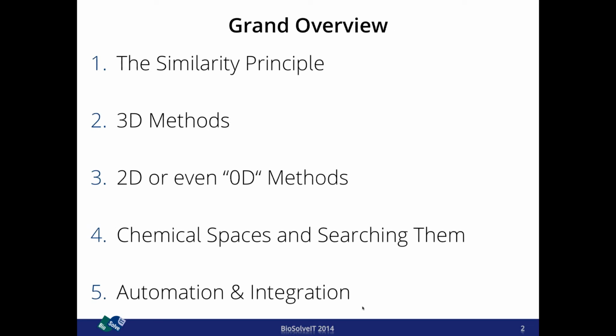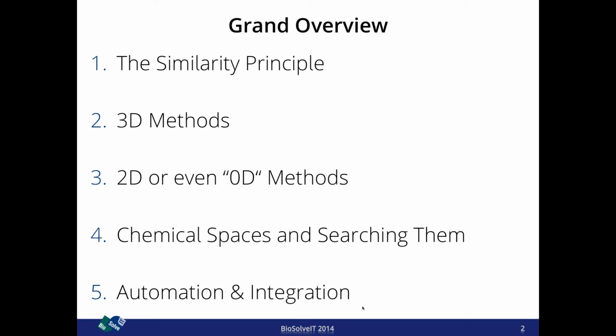So here's the grand overview for the next hour. I would like to get you acquainted with the similarity principle in ligand-based drug design. Then we'll navigate into the 3D methods, what's available there, what it is at all. Point 3 should be 2D or even 0D, zero-dimensional methods for ligand-based design.